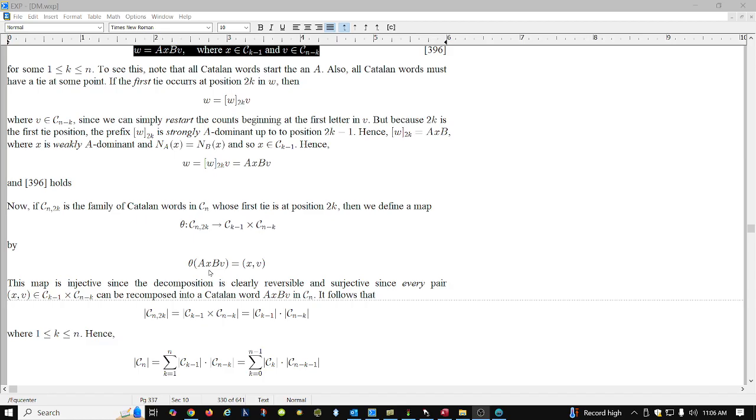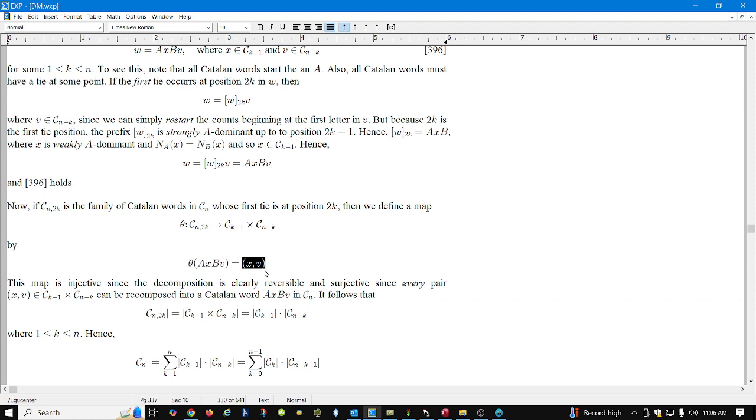It's also surjective because every ordered pair of this type can be recomposed into a Catalan word, which then gets sent to that ordered pair. So we have a bijection here, theta. That means the size of Cn,2k is the size of this Cartesian product, which is the product of the sizes. Now this only applies to Catalan words of length 2n that have their first tie at 2k.